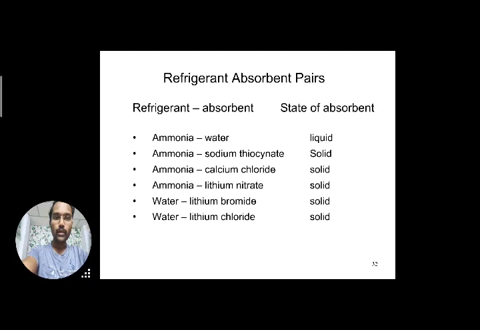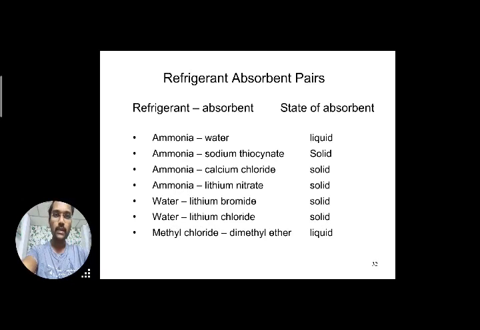And lithium chloride, if you observe, most of the absorbent states are in solid form only. Water will act like a refrigerant here. Next one is the refrigerant methyl chloride, the absorbent is dimethyl ether, and the absorbent state is liquid.